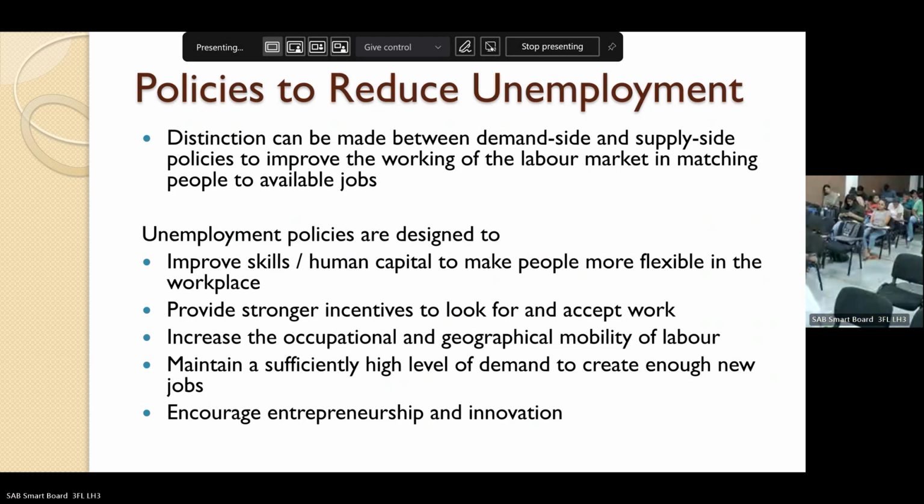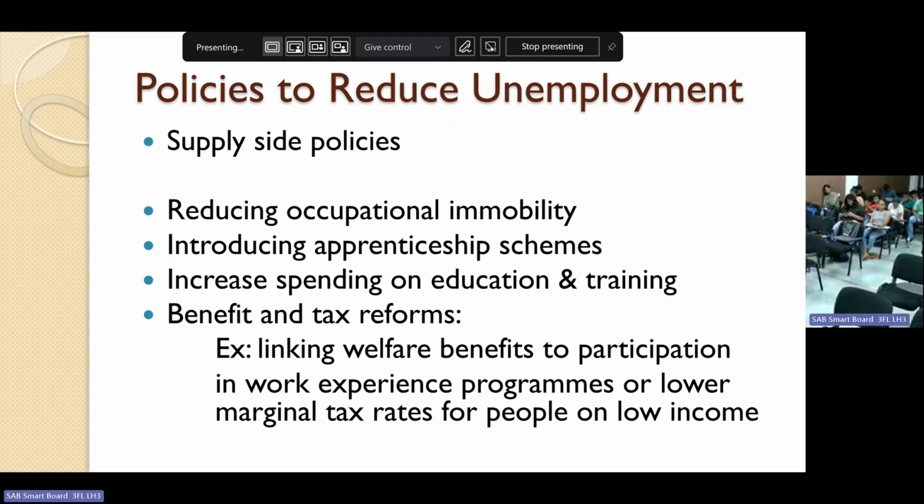On the supply side, we can take the same thing: reducing occupational immobility, training programs, education and training, tax policies, tax reforms.